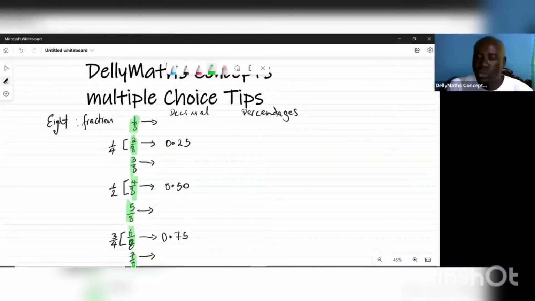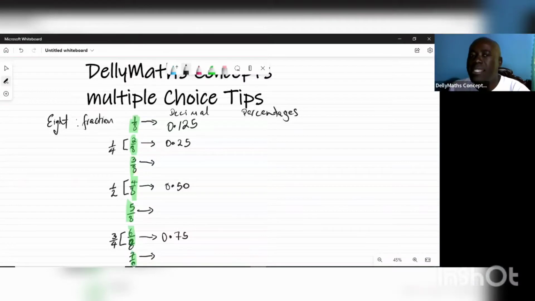I'm trying to get us to see that we can easily pick up the decimals. Let's think about it. If we're adding 1/8 each time, then if I know what 1/8 is as a decimal, then I would realize that I am adding that decimal each time to fill out the rest. For example, 1/8 is a half of 2/8. Think about it. What's a half of 2/8? A half of 2/8 is 1/8, which means if I take the half of 0.25, I'll get 0.125.